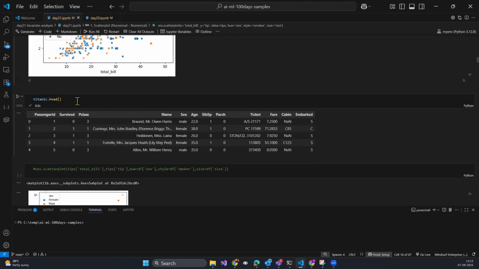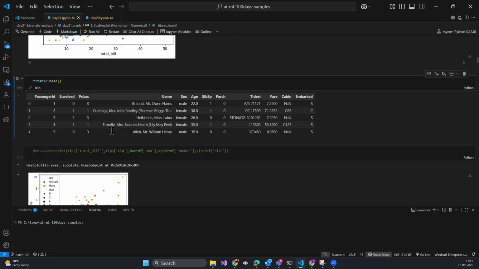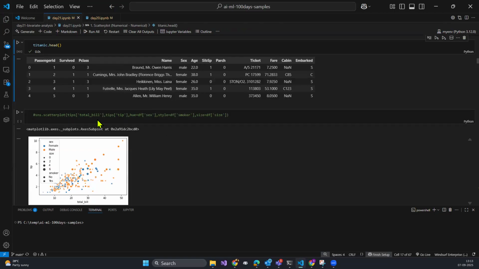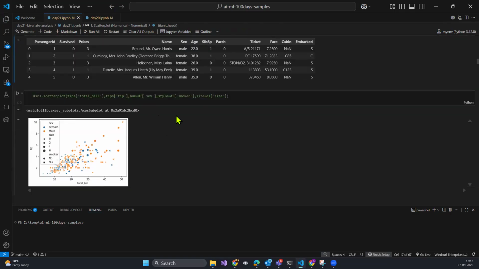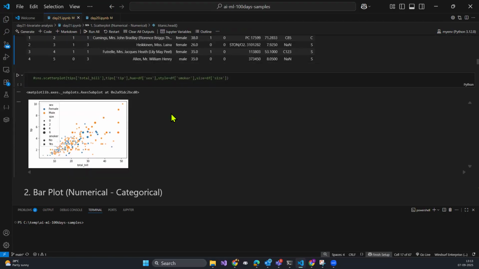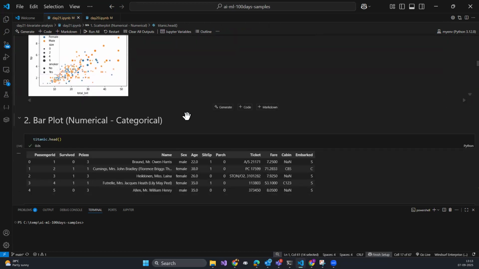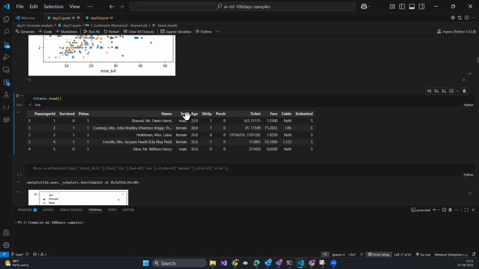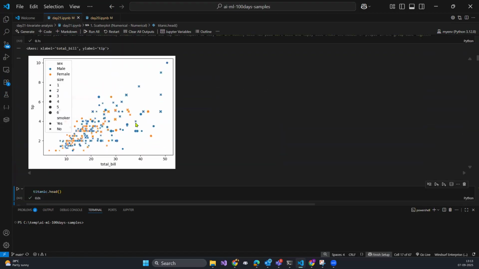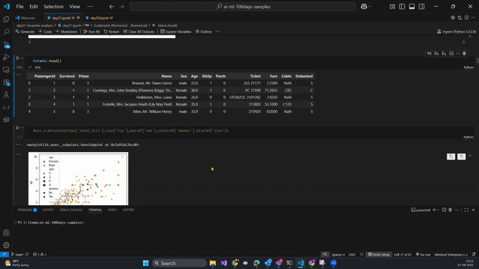Right. Similarly, let's go to the Titanic one. So again, this is the Titanic data set, and with the same Titanic data set, if we had a scatter plot, we should be able to see the distribution. Titanic data set we haven't seen.